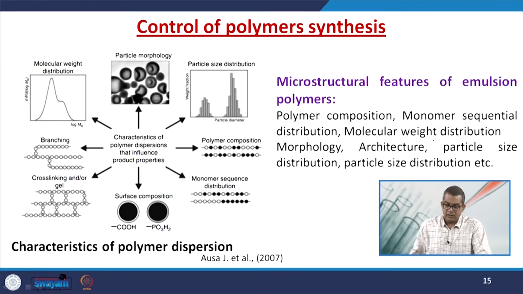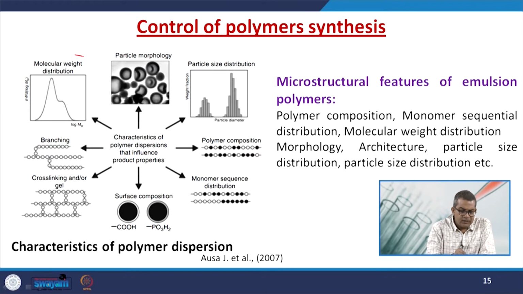Now here you can see the microstructural features of various emulsion polymerizations: the polymer composition, monomer sequential distribution, molecular weight distribution, morphology, architecture of different polymeric chains, size distribution, particle size distribution, etc. Now you see here different types of characteristics.